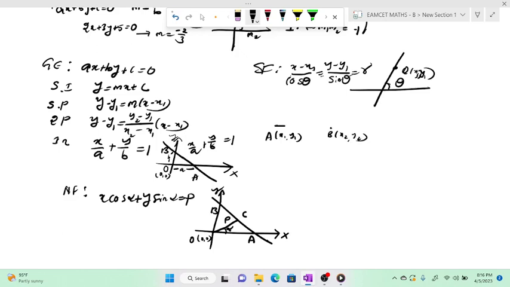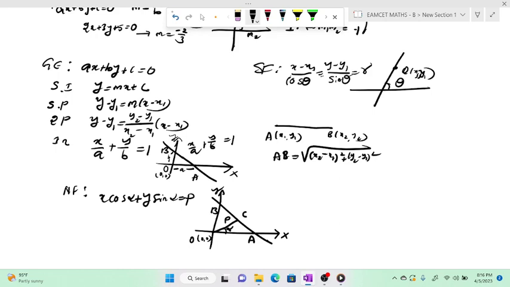The distance from A to B is given by the formula AB equals under root of x2 minus x1 whole square plus y2 minus y1 whole square. This is the distance between two points formula.